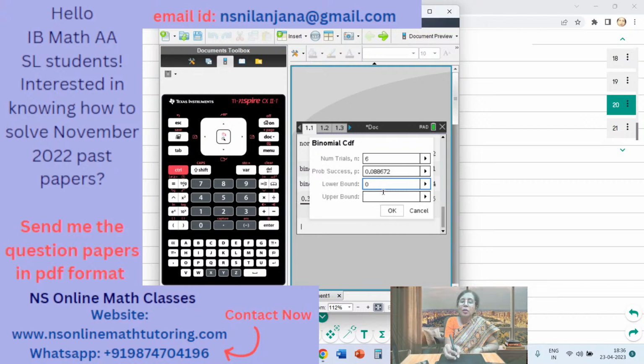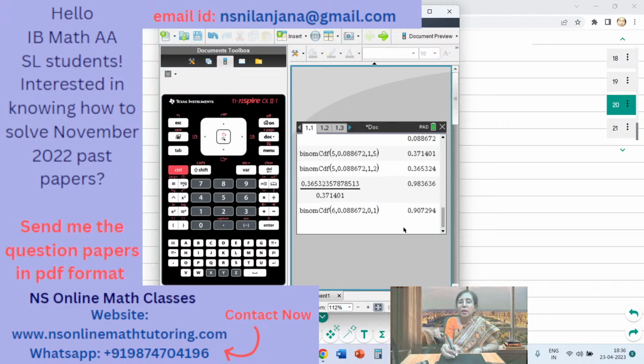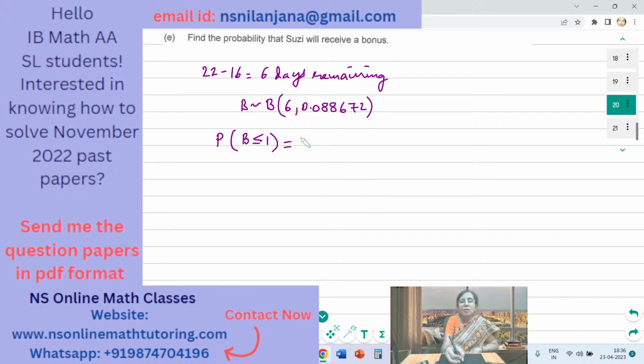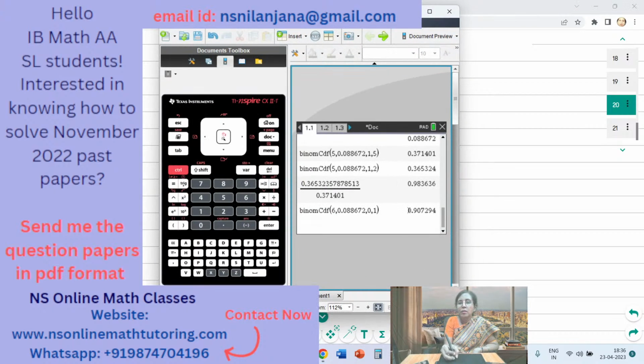And the lower bound is 0, definitely, and the upper bound is 1. So it is 0.90729.